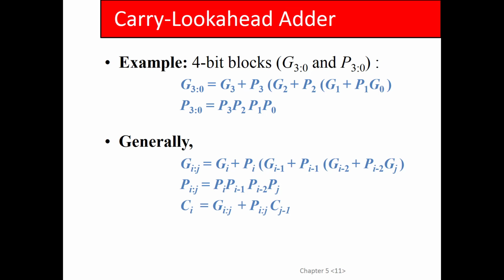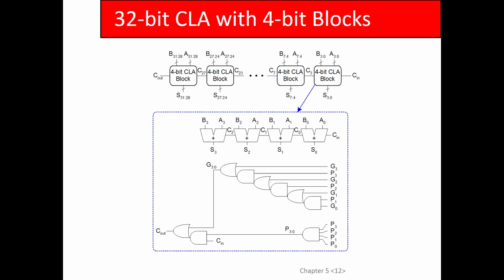Okay? Okay, so what that gives you is something that looks like this. You've got 4-bit blocks. So this is a 32-bit adder here, but it's decomposed into groups of 4 bits each, so 8 groups of 4 bits. Each group of 4 bits generates 4 bits of sum just directly from the full adders, right?